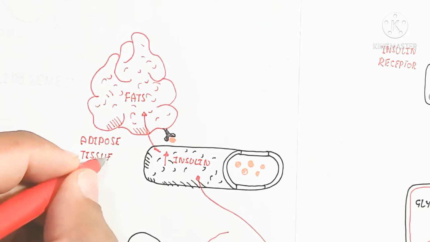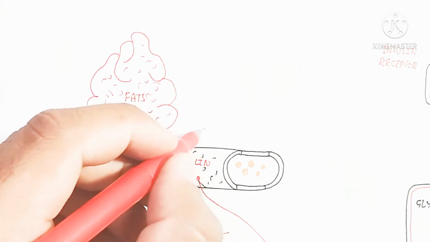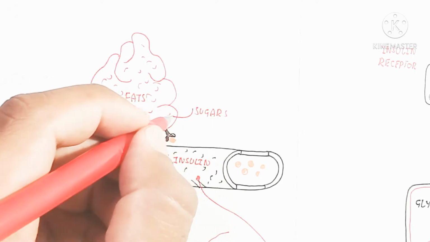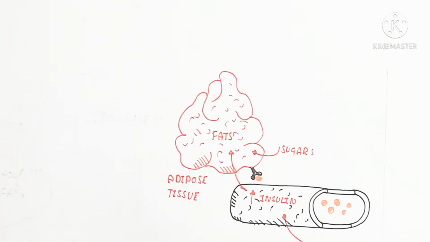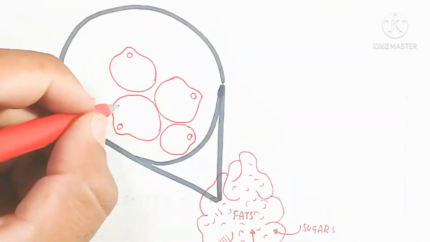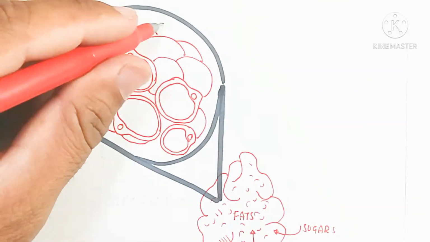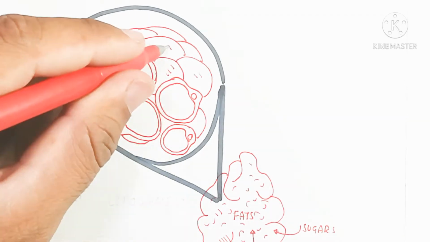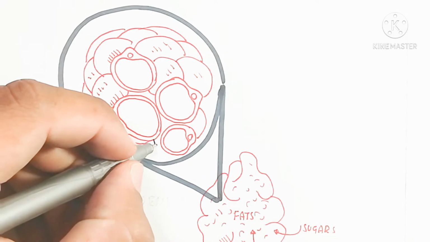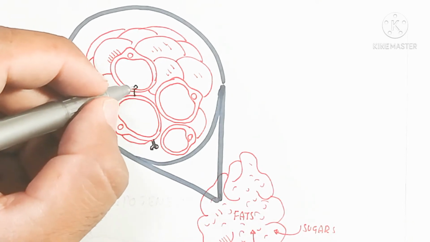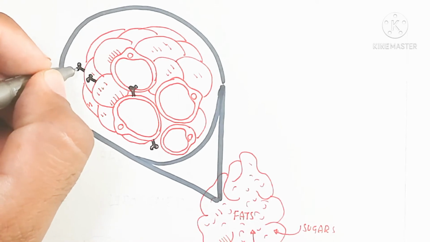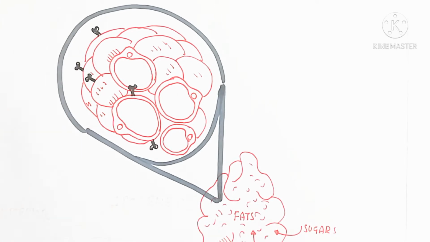On the other hand, it is important to know that when fat is eaten, it converts into low density lipoprotein, known as the very low density lipoprotein, known as the chylomicron. So here is the insulin which stimulates the adipose tissue and binds the insulin receptor to increase adipocyte proliferation.